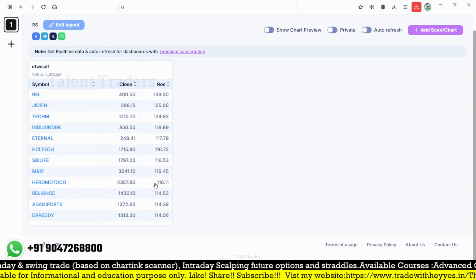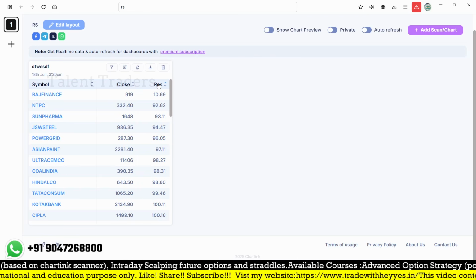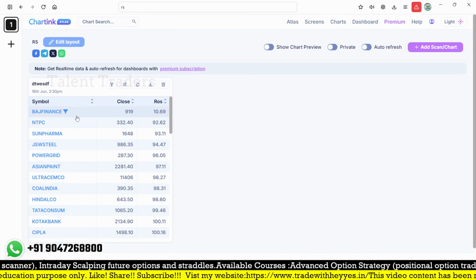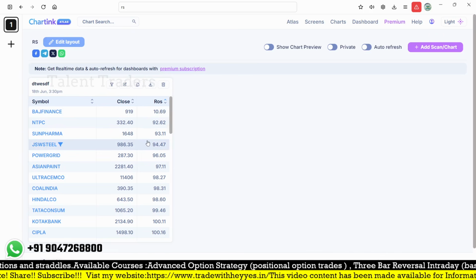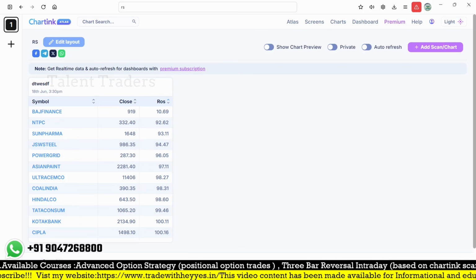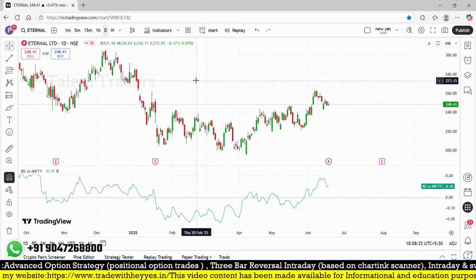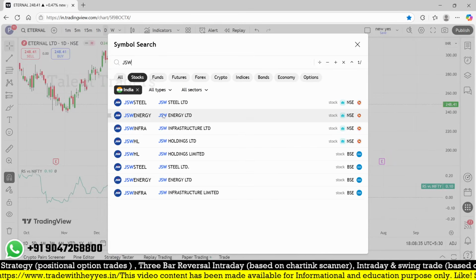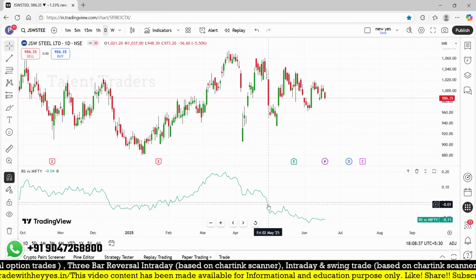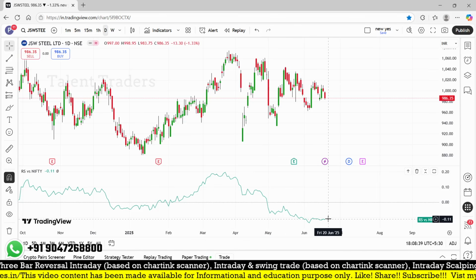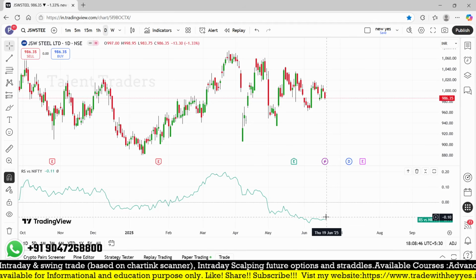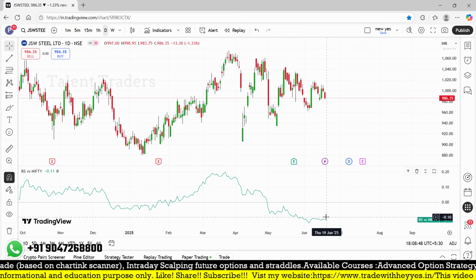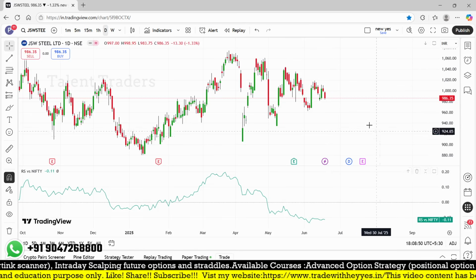For underperforming, I can change this to less than. For example, Bajaj Finance, due to some split, it was showing very low values. And NTPC, Sun Pharma, JSW Steel, where we can check whether it is less than 0. If it is less than 0, it was not giving you better performance compared to the Nifty. I'm not discussing the stock's return or Nifty's return; I'm comparing this with relative strength to the index, which is about underperformance.